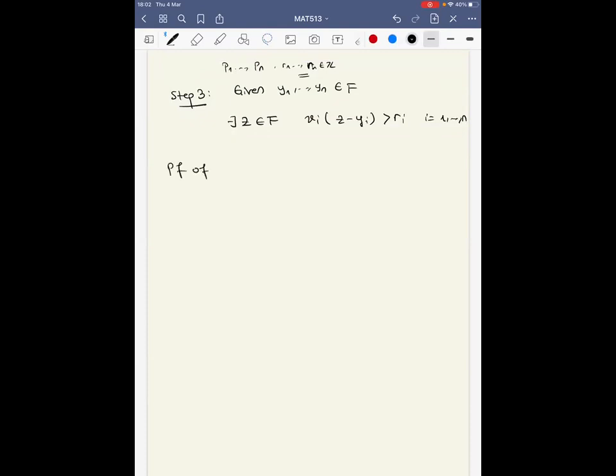First, let me choose an integer S such that valuation of the functions of given yi's at any place is bounded below by this integer.